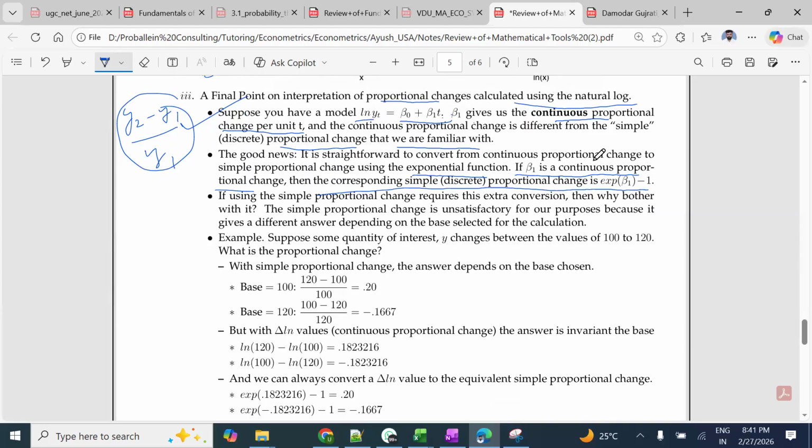The minus 1 is outside, so e to the power beta 1, then minus 1. Okay, we will see one example.